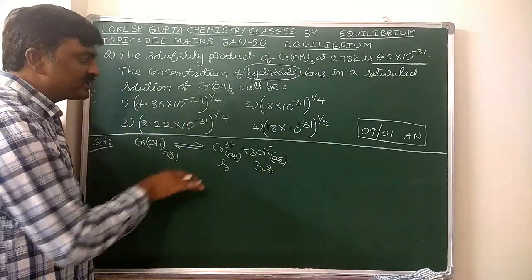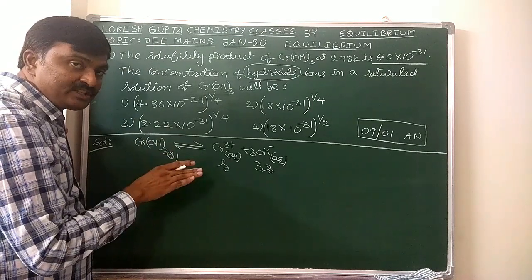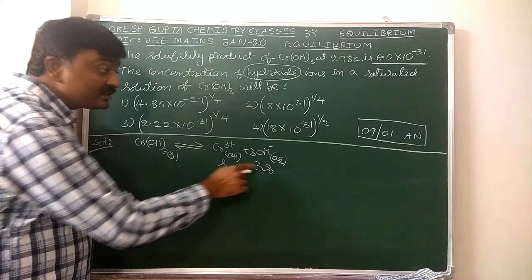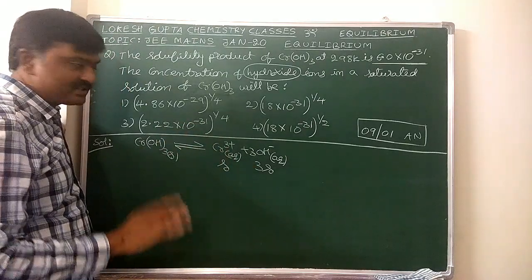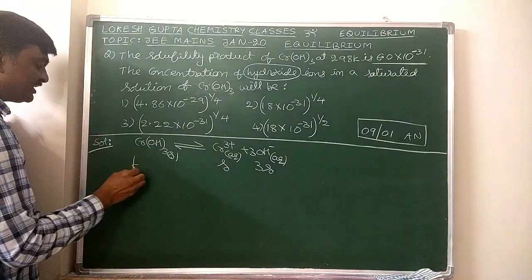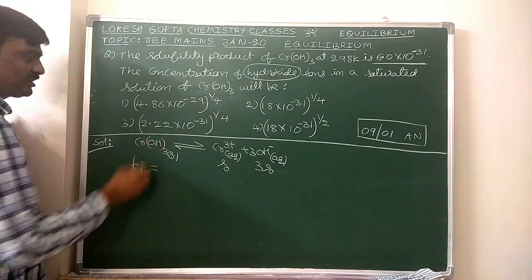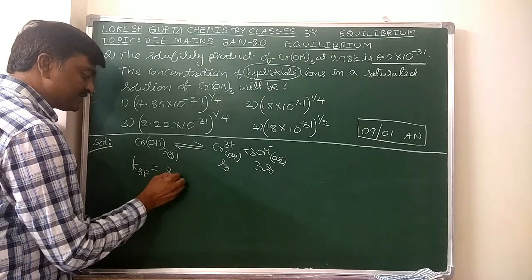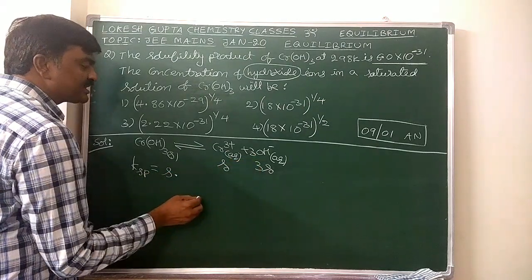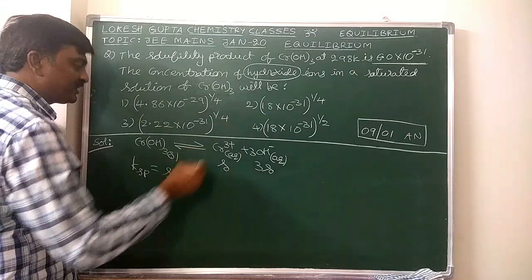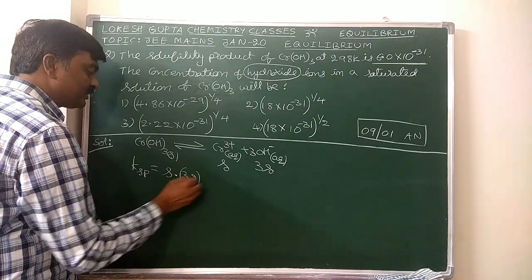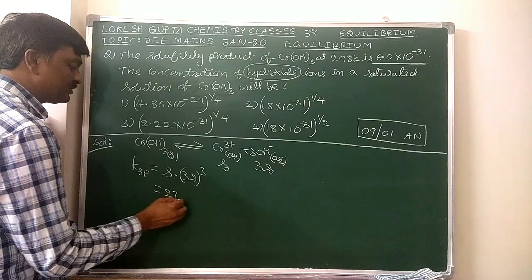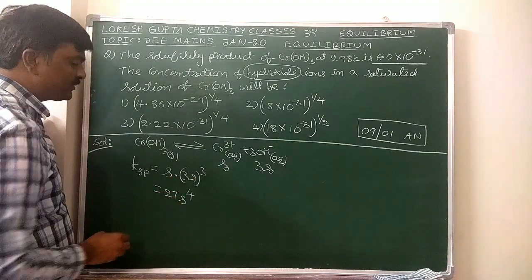So in this saturated solution, what will be the molar concentration of OH- ions? Not S, but 3S. Now, the solubility product of chromium hydroxide equals the molar concentration of chromium 3+, S, into the molar concentration of OH- to the power 3, so S into 3S to the power 3. 3 cubed is 27, so 27 S to the power 4.